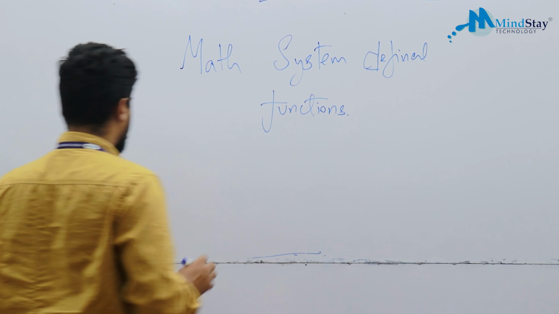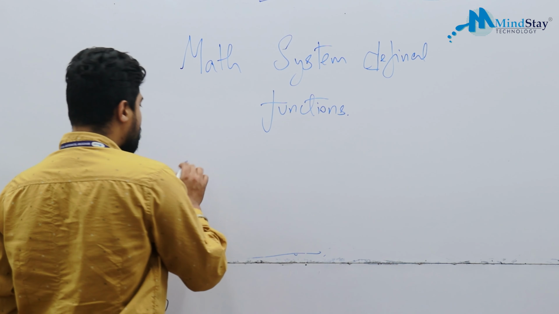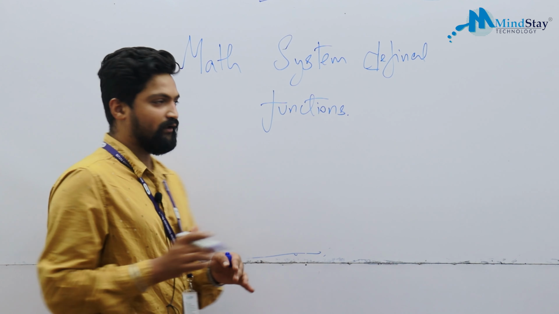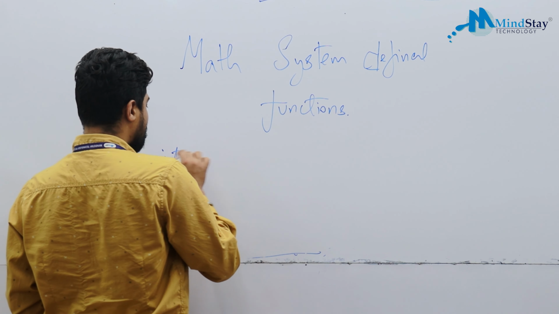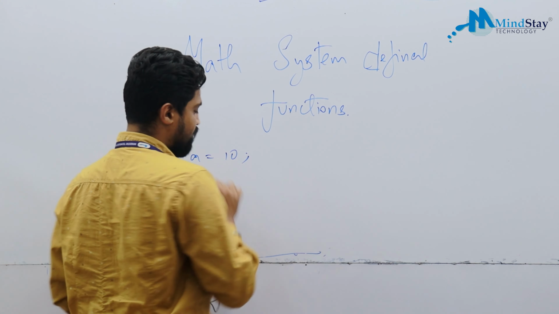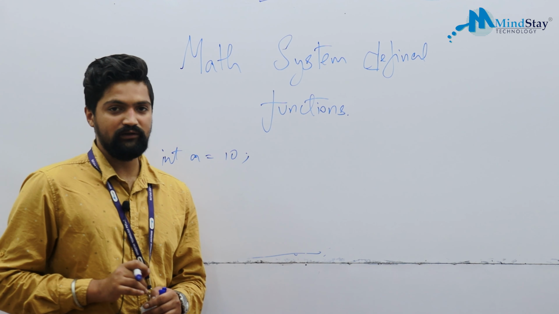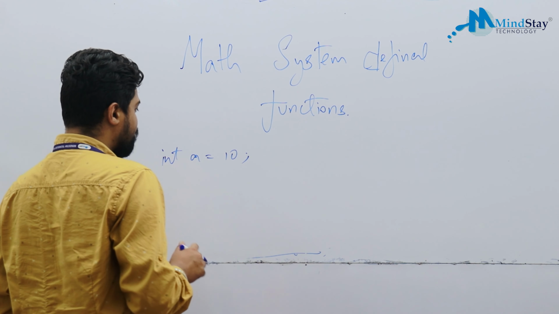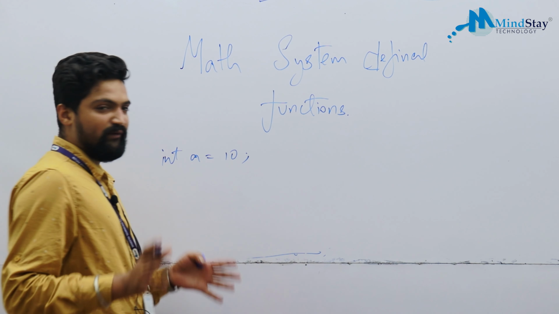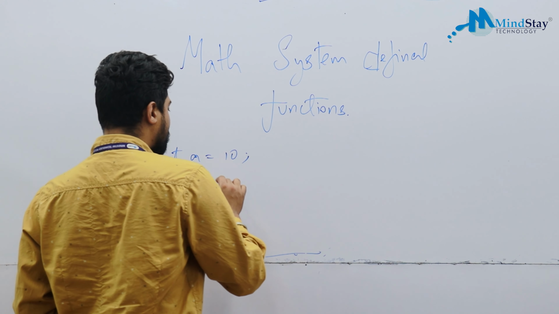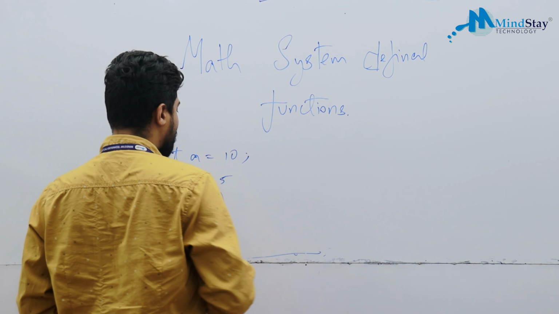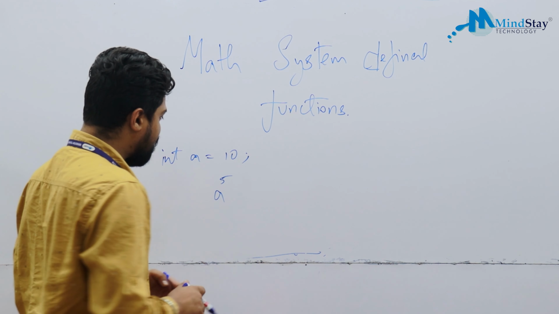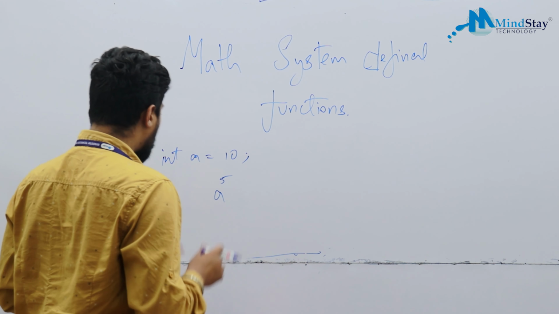Let us say I am asking you to print, let's say my int a is equal to 10. Now I am telling you, give me the output of a to the power 5. So what will you do?